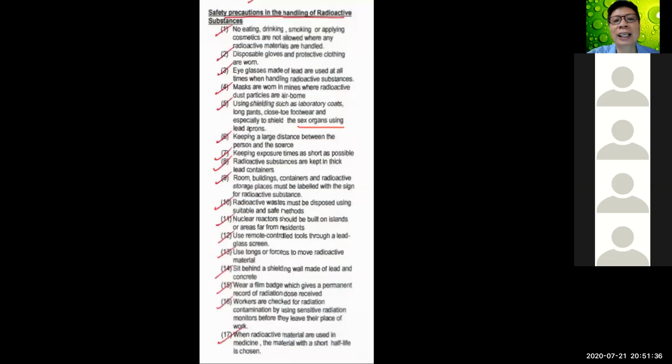Okay, last person. Ang Xiaohui. Yes, sir. Ang Xiaohui, three precautions. When radioactive material is used in medicine, the material with a short half-life is chosen. Yes, correct. Very good. Second.